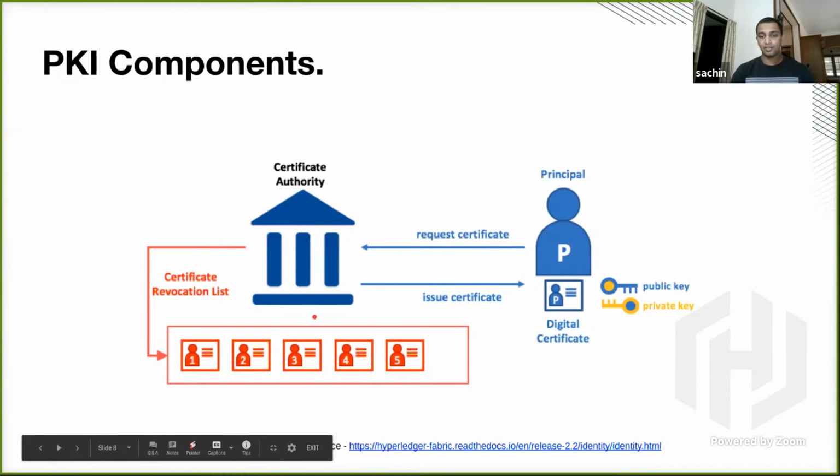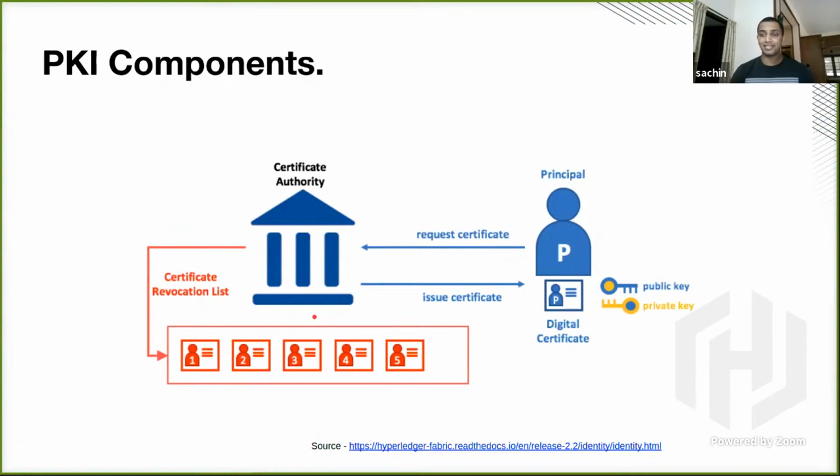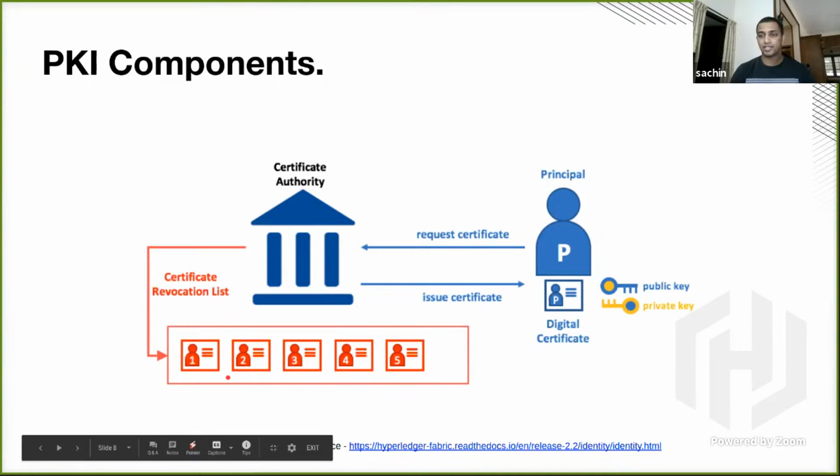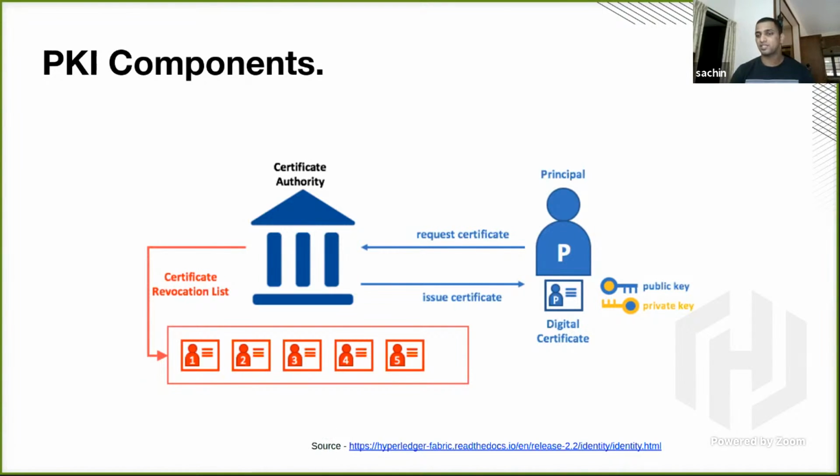the certificate authority, the entity that issues certificates, and then there is a digital certificate that is given to the entity, and that has some extra metadata and a public key about that certificate and the entity. And then there is the certificate revocation list, which is essentially a list of all bad certificates or expired certificates, to make sure that if anyone is trying to use those certificates, they know that it's no longer valid.